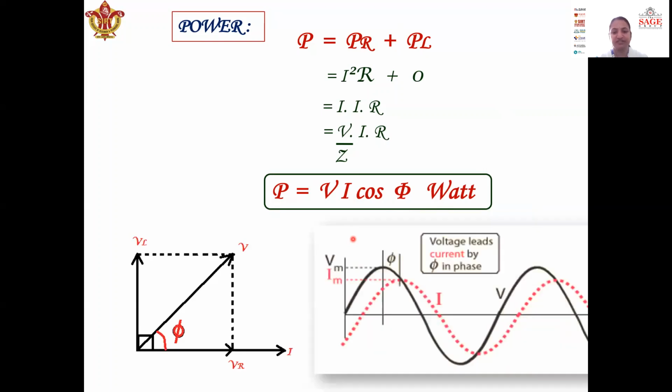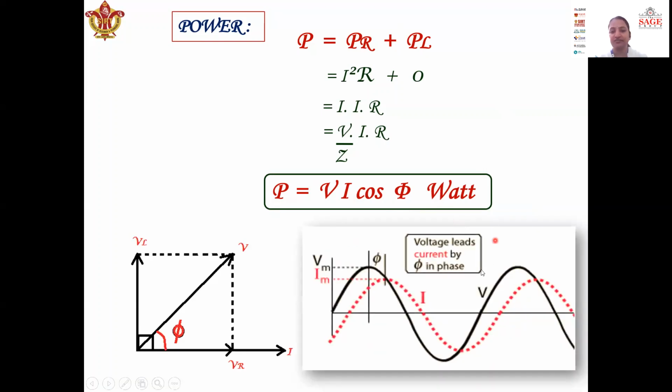So this is the final phasor diagram, and this is the waveform diagram, right? In the waveform diagram it is clearly shown that in an RL series circuit, voltage will lead current by phi angle, and the phi angle depends upon the magnitude of voltage and current. As we can see from the origin, the voltage starts like this, shown by the black waveform, and the red shows the current waveform.